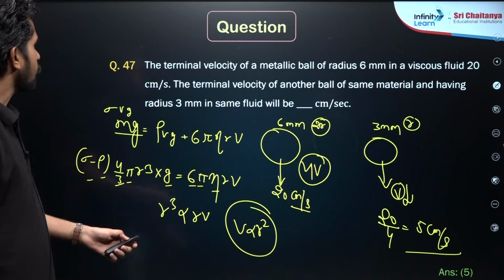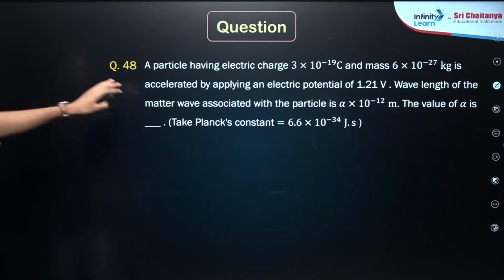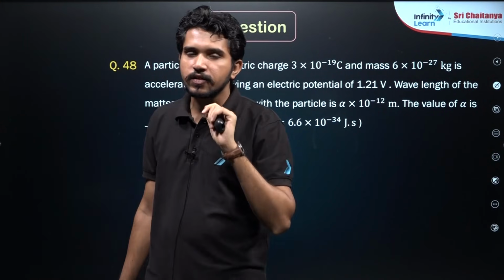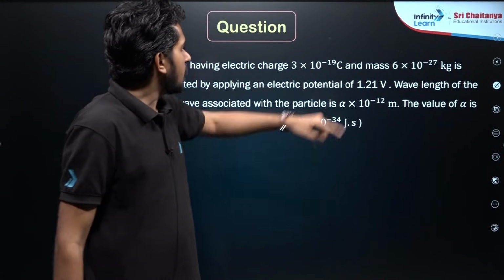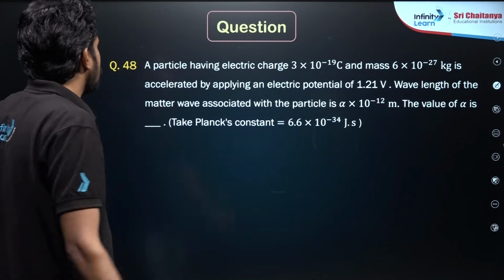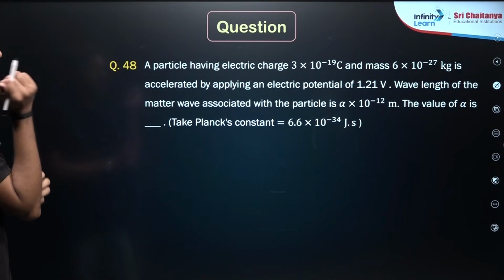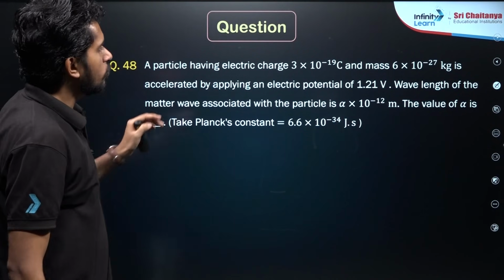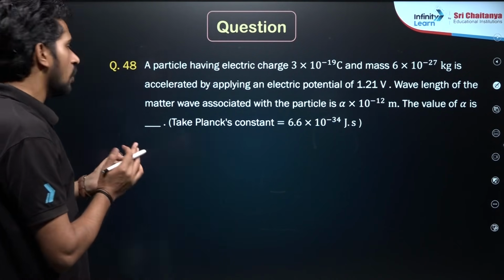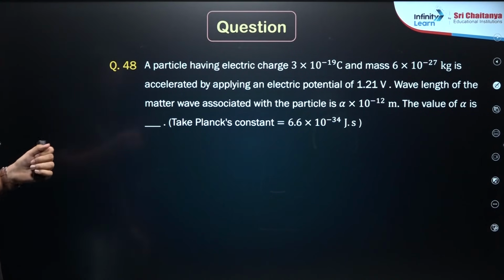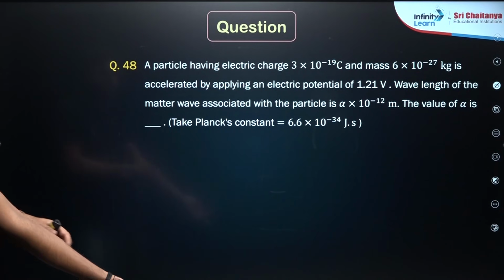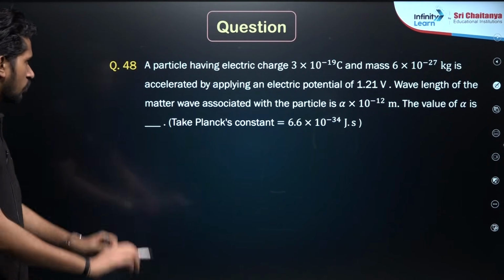Yes. Okay. The next question is: a particle having electric charge 3 into 10 raised to minus 19 coulomb and mass this much kg is accelerated by applying an electric potential of 1.21 volt. The wavelength of the matter wave associated with the particle is alpha into 10 raised to minus 12. The value of alpha is? Okay, so this is also a simple question.